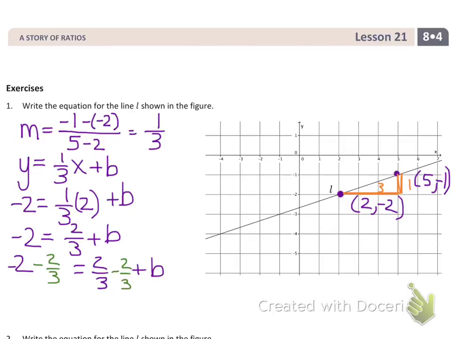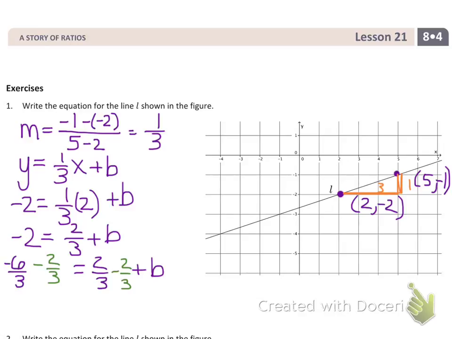I'm going to rewrite -2 as thirds. So -2 would be -6/3.